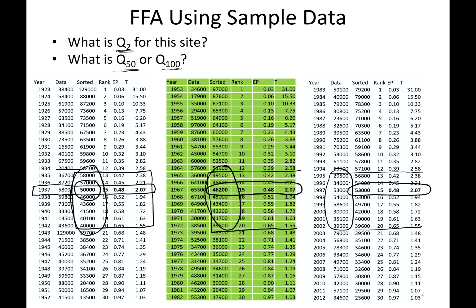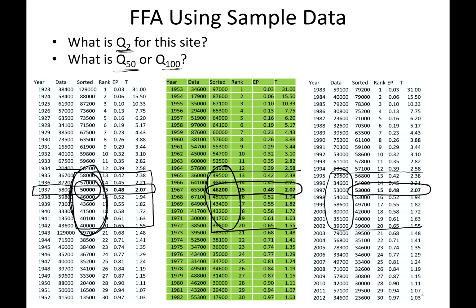So each sample has 30 years of data, and finding a flow corresponding to a 2-year return period is easier in this case. So instead of just getting one value, I can take all these and take an average.